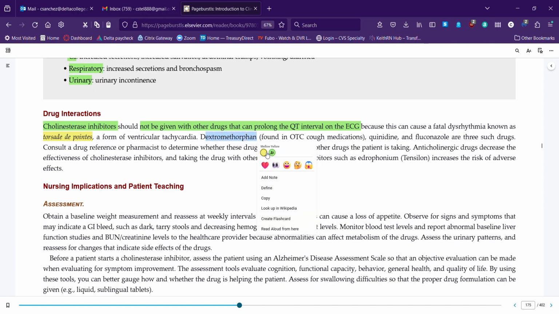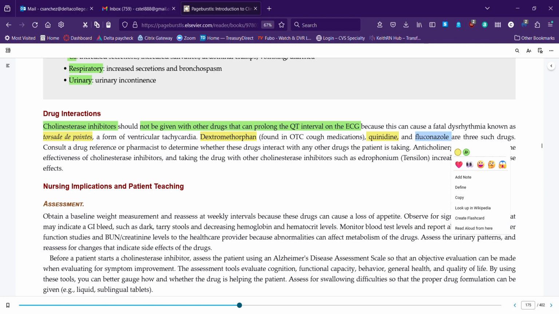So dextromethorphan, which is found in your over-the-counter medications, quinidine, fluconazole, or three such drugs. Okay, so you do not want to give them with these drugs because they can have a fatal dysrhythmia.